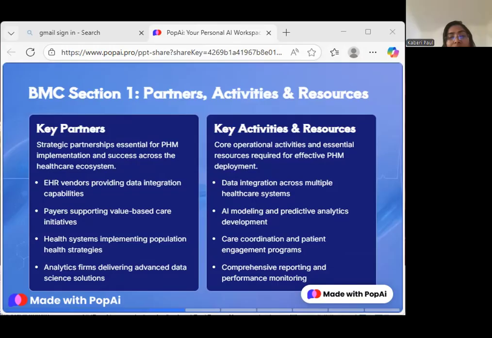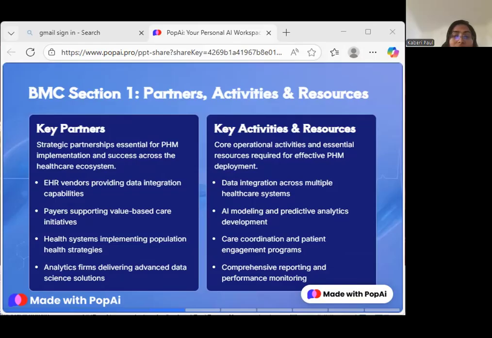The key activities include collecting and integrating large data sets, running predictive models, managing care teams, and generating reports for value-based care. As for key resources, this requires software platforms, patient registries, a secure data warehouse, and trained staff such as data analysts, IT specialists, and care coordinators.